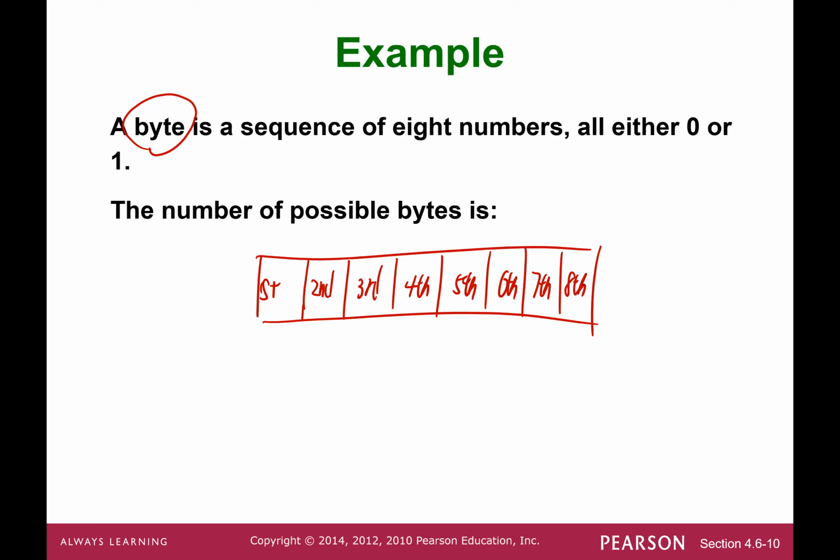For the first position, either 0 or 1, right? You have two numbers available, so you have two options. By the time you get to the second, two numbers available. Third, two numbers available. Fourth, same thing, right? That does not change.